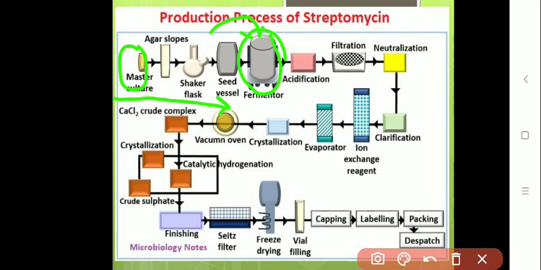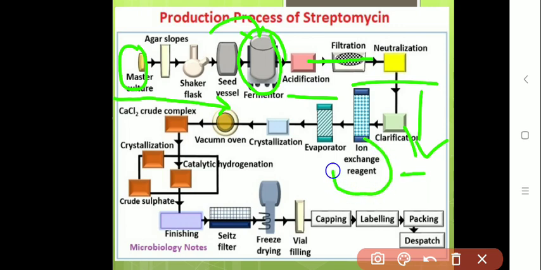The downstream process includes acidification, filtration, neutralization, then clarification of streptomycin. Then this streptomycin is separated or eluted by using an ion exchange reagent. Basically, cation exchangers are used for the elution of streptomycin.